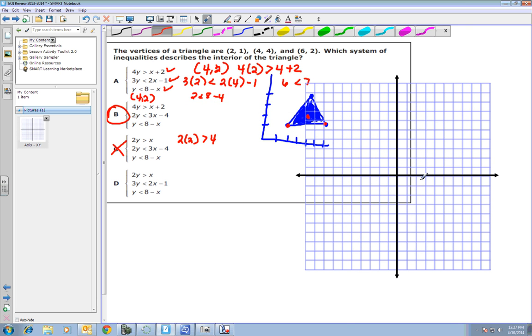If I have the point (2, 1), and then I have the point (4, 4), and I have the point (6, 2). And I choose the point (4, 2). Yeah, it should work.